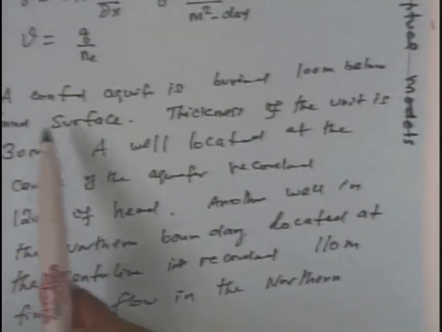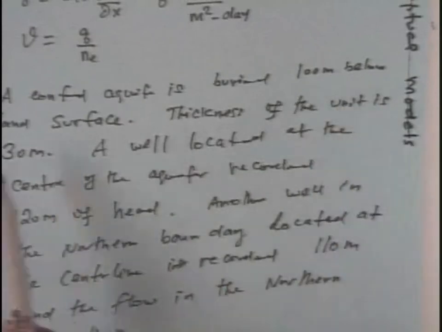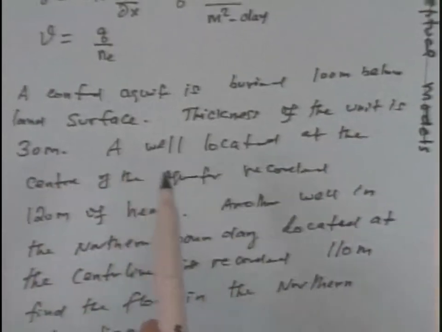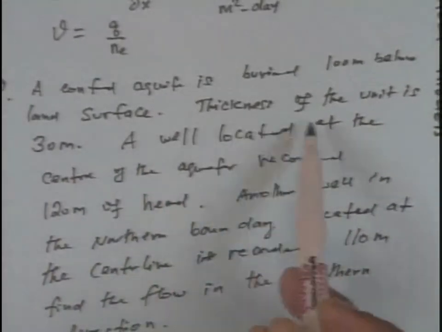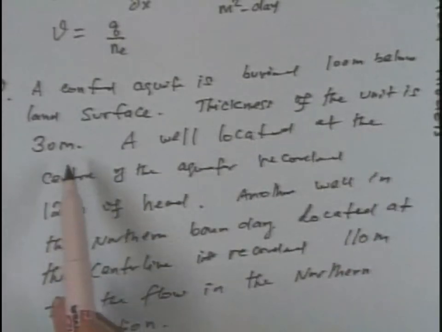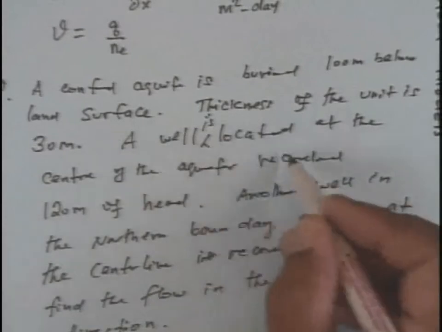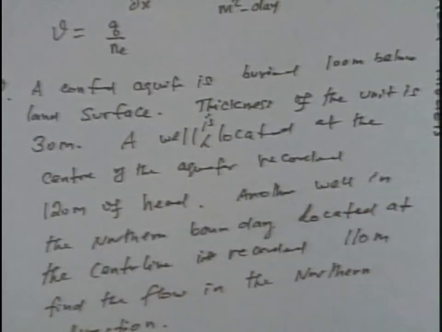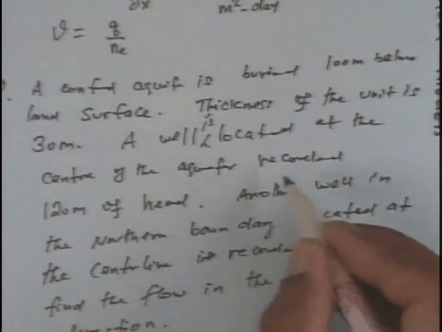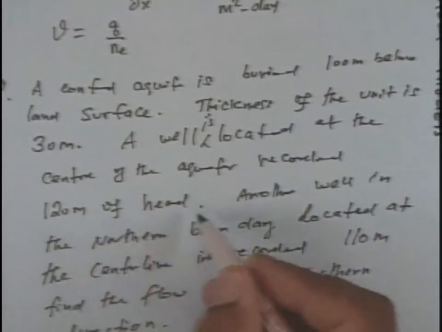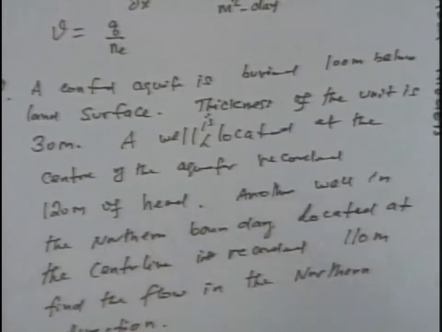Okay. A confined aquifer is buried 100 meters below land surface. Okay. Thickness of the unit is 30 meters. A well is located at the center of the aquifer, and which recorded 120 meters of head. Okay.